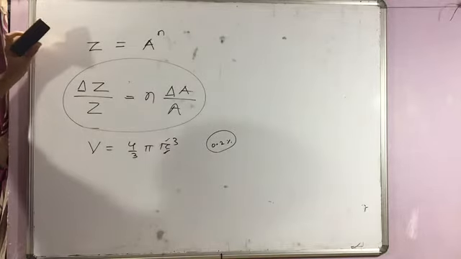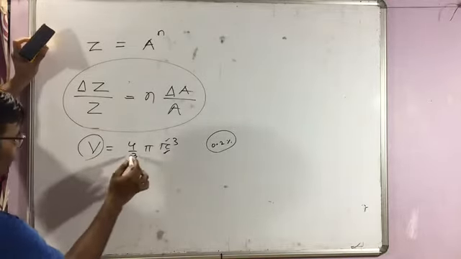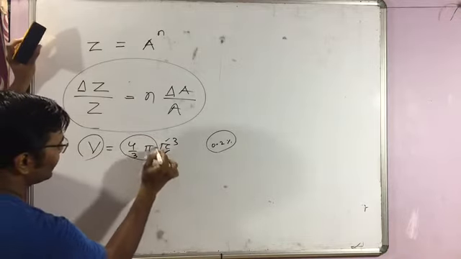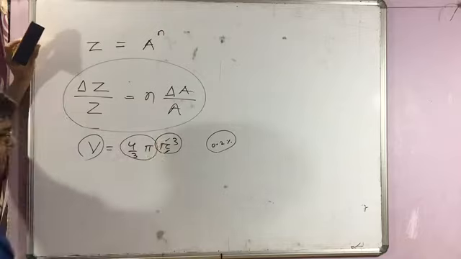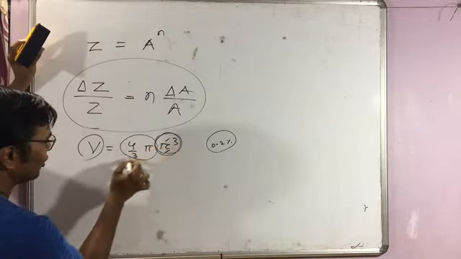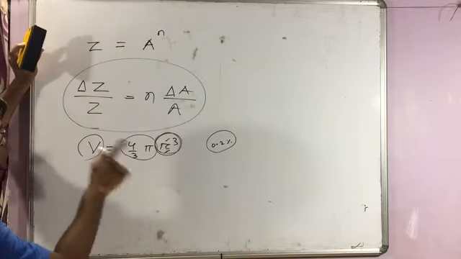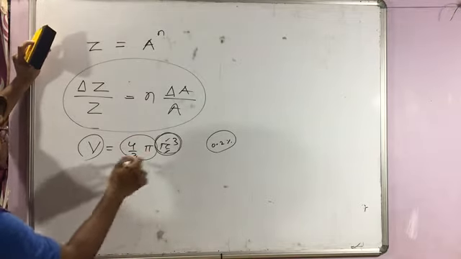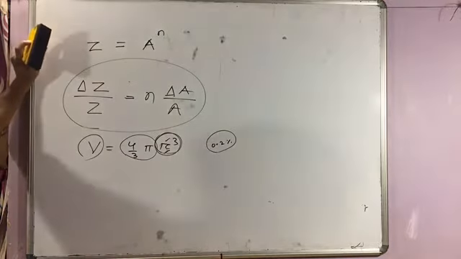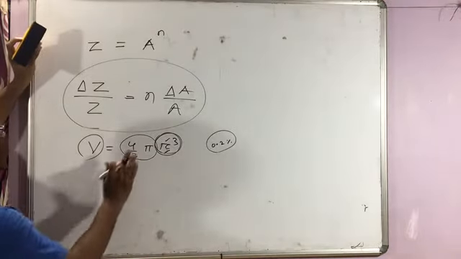Our formula suggests that 4 by 3 pi is a constant, and V depends on R cube. Here R is a measurable quantity, so the error will lie there, not in the constant. While calculating the error, we need not consider constants in our calculations, so we can omit it.